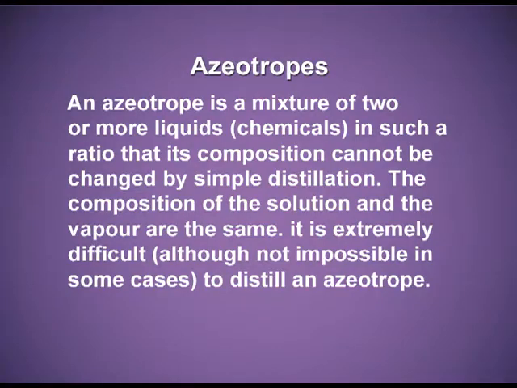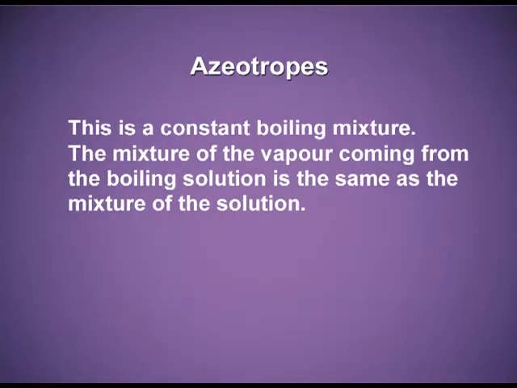Let me define azeotrope. An azeotrope is a mixture of two or more liquids in such a ratio that its composition cannot be changed by simple distillation. The composition of the solution and the vapor are the same. It is extremely difficult, although not impossible in some cases, to distill an azeotrope. This is a constant boiling mixture.